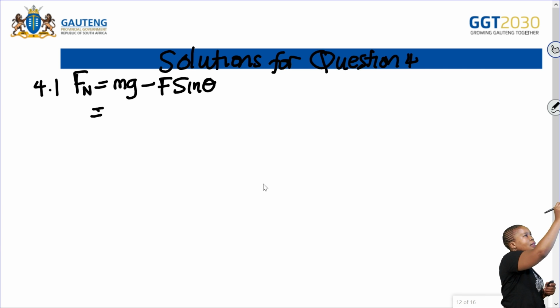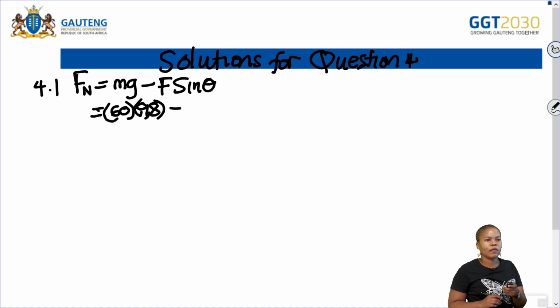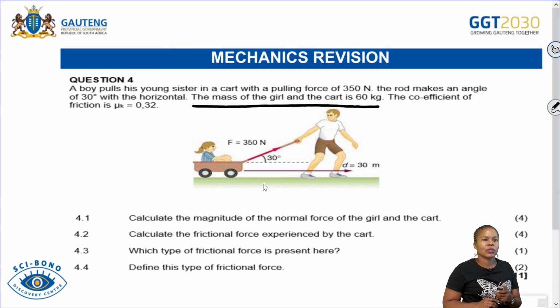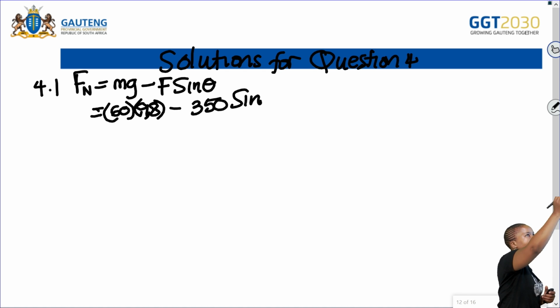So we're going to say this is 60 multiplied by a gravitational constant of 9.8, minus the force that is applied, which is 350. So it's going to be 350 sine of 30 degrees.